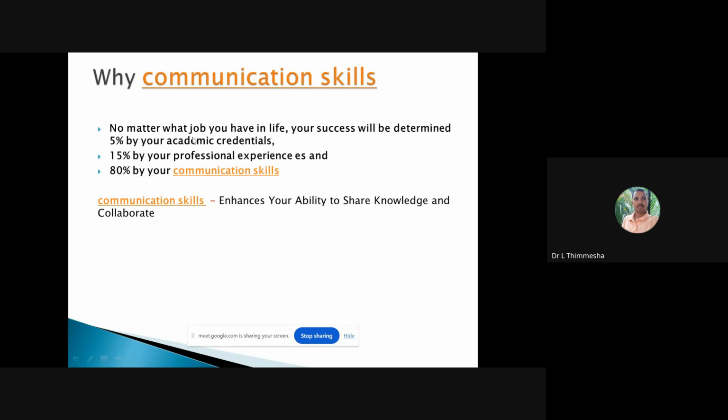No matter what job you have in life, your success will be determined, as per research, 5% by your academic credentials, 15% by your professional experience, and 80% by your communication skills.